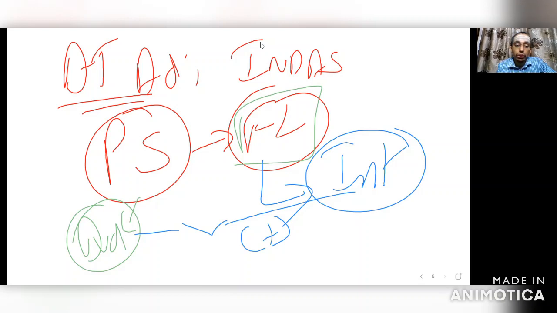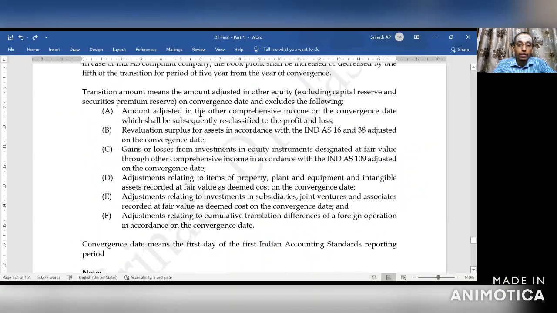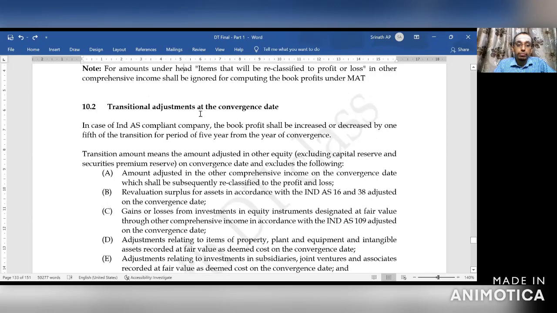Quickly seeing the notes. In case of INDAS compliant company, the book profit shall be increased or decreased by 1/5 of the transition amount for a period of 5 years.